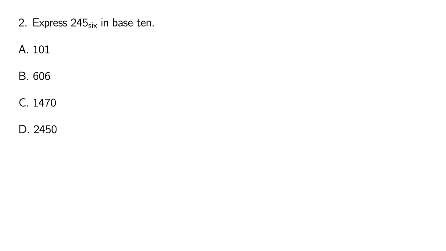The next question is to express 245 base 6 in base 10. When we have to find the actual value of a number, we have to take note of the place value of all of its digits. So here we have 2 times 6 to the power something.